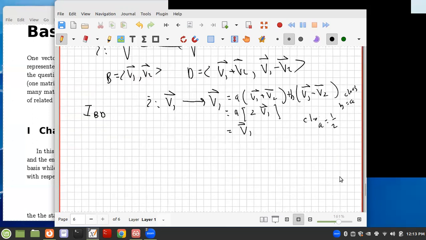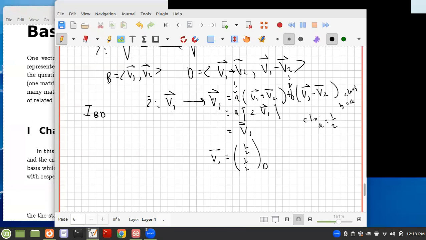Okay, so I'm just saying that this is a way of eyeballing it. I could do Gauss's method somehow with this, but the point is that therefore V1 equals 1/2, 1/2 in basis D. I just motivated why I'm choosing A equals B and then choosing them both to be 1/2.